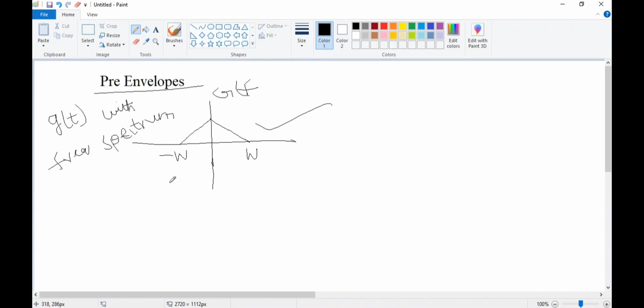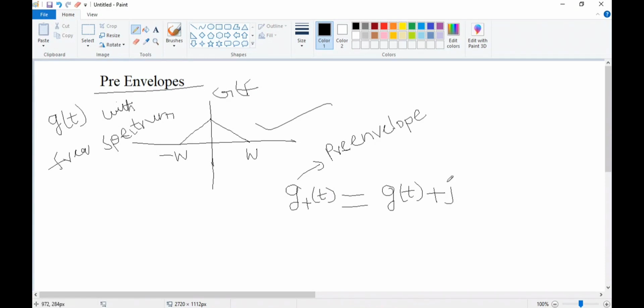That can be represented as G plus of t, which is said to be the pre-envelope. The formula to find the pre-envelope is given by G of t, the original low pass signal, plus j times G cap of t.